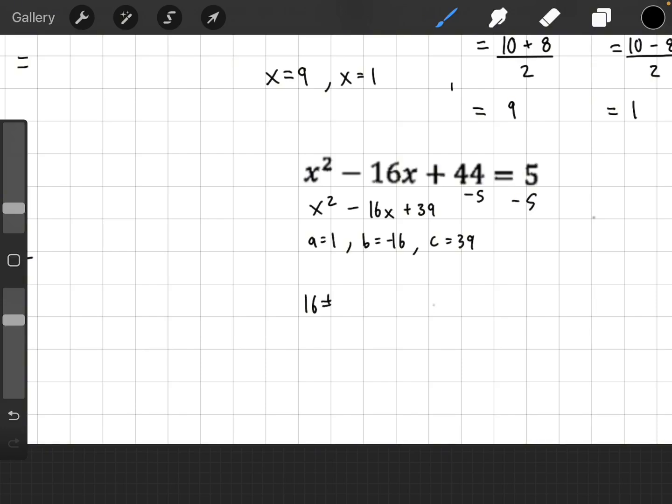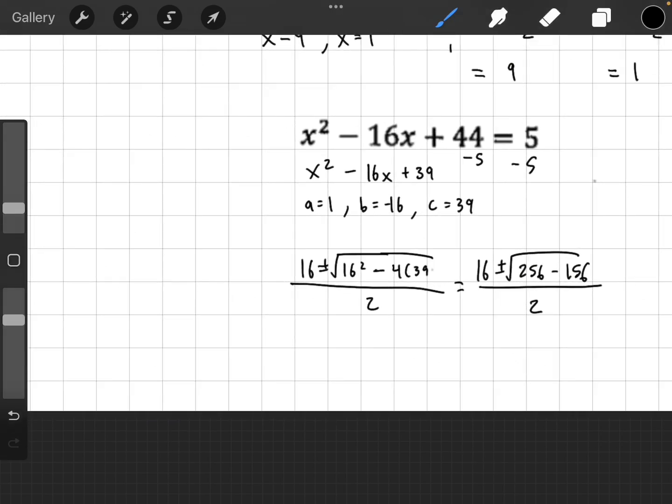We have 16 plus or minus the square root of 16 squared minus 4 times 39, over 2. 16 plus or minus the square root of 256 minus 156, over 2.